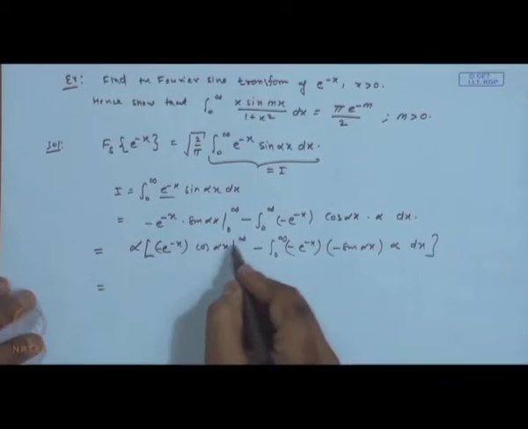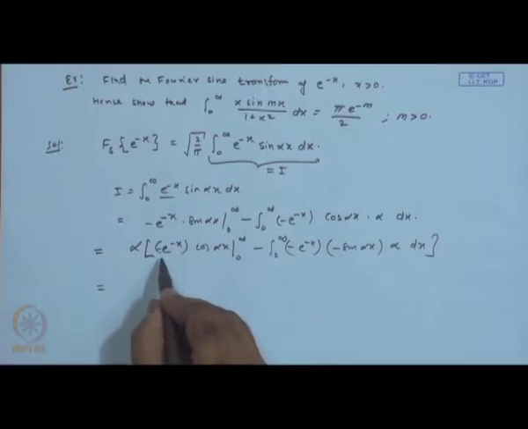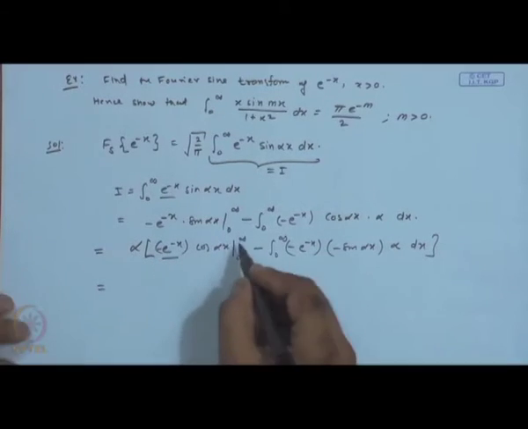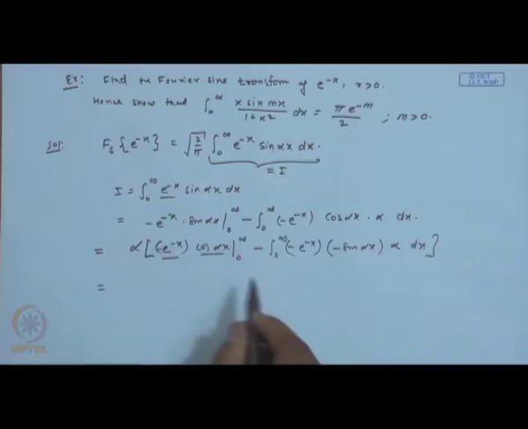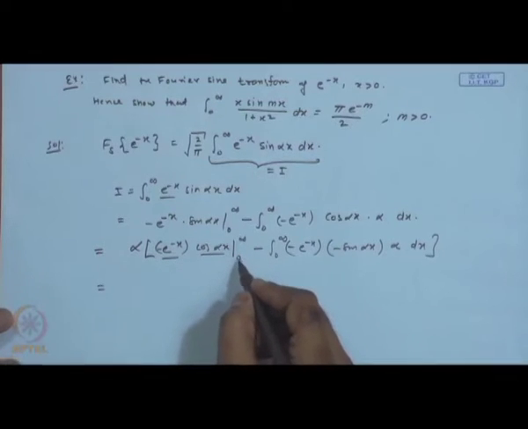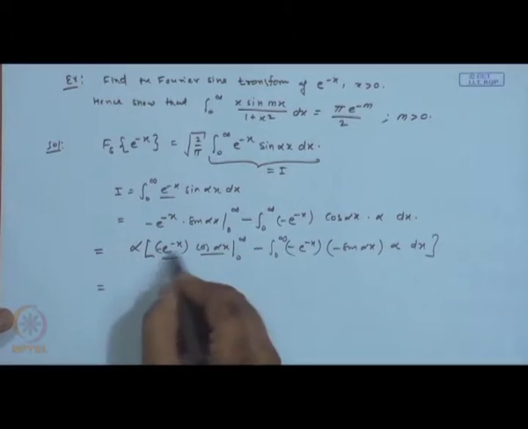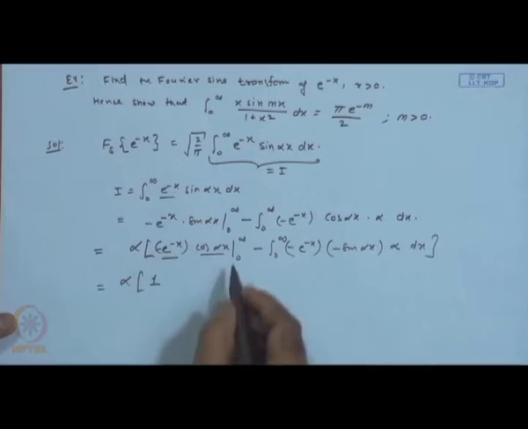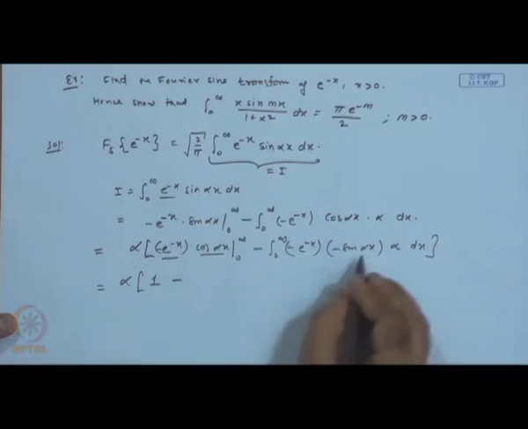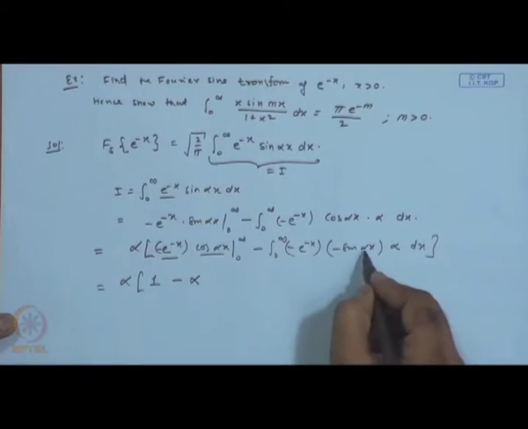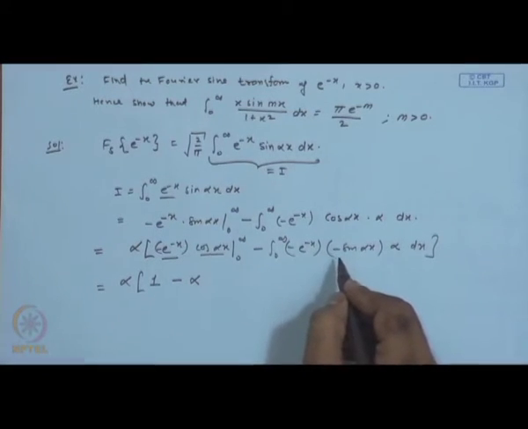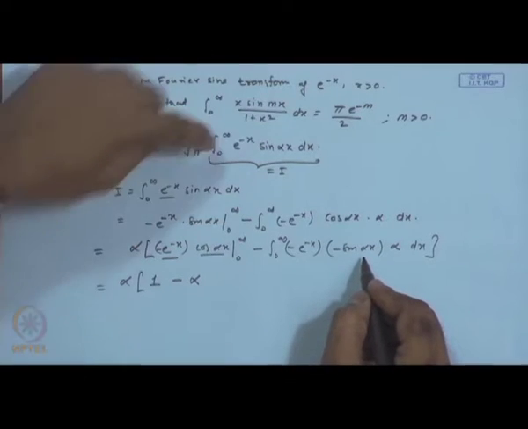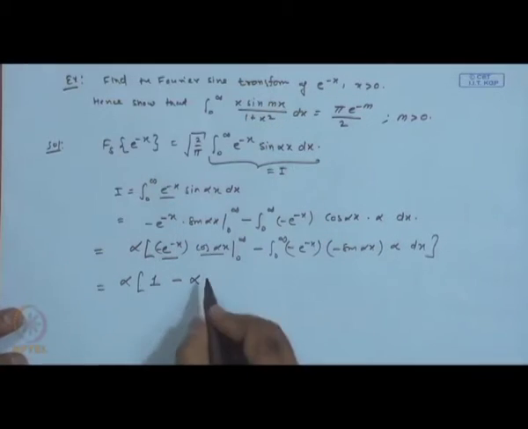Okay, so when x approaches infinity, this will be 0, and of course this is bounded, so this whole will go to 0, and when x goes to 0, then we have 1, so we will get this 1. So 1 minus minus will be plus. So here we have again this minus and alpha, and e to the power minus x sin alpha x, that is I.